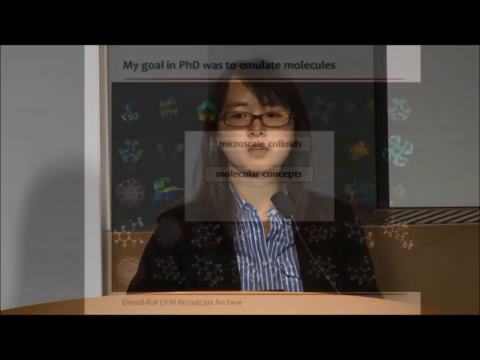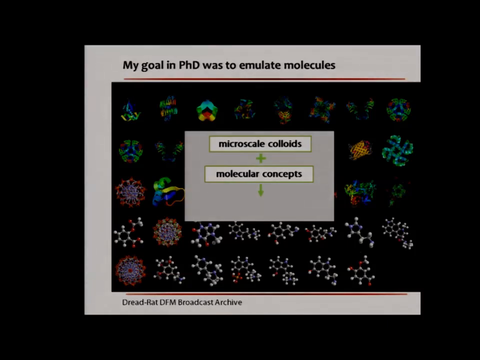My goal there is to see if we can make molecular colloids, to see if we can make colloidal particles chemically reactive, to see if we can make colloidal particles form into structures that have a beauty and a variety, just like all the natural molecules shown on the screen.